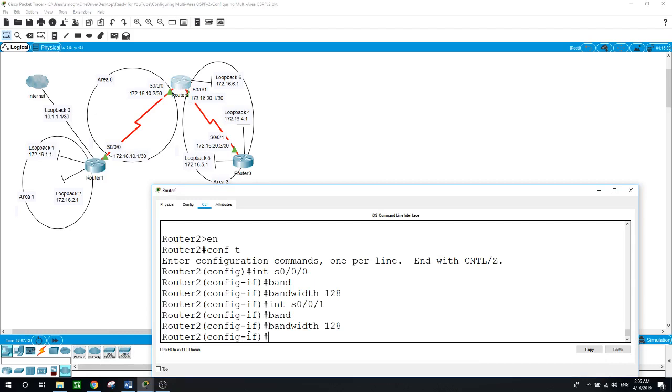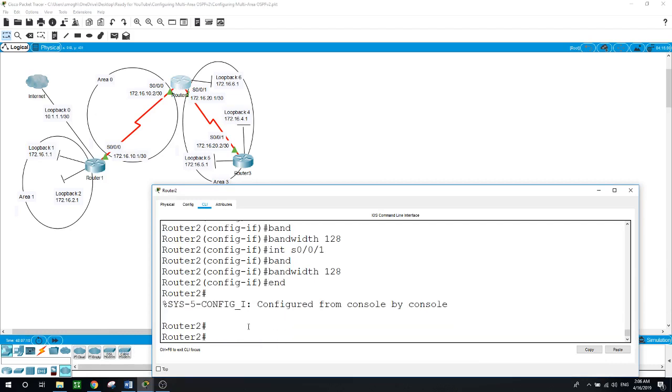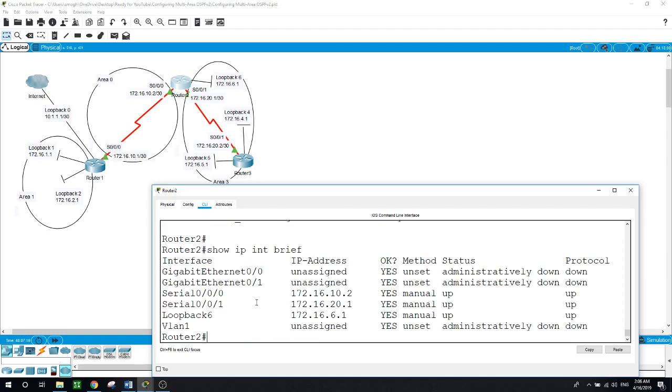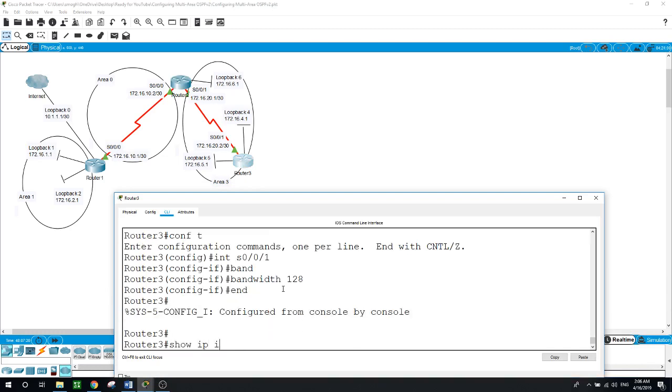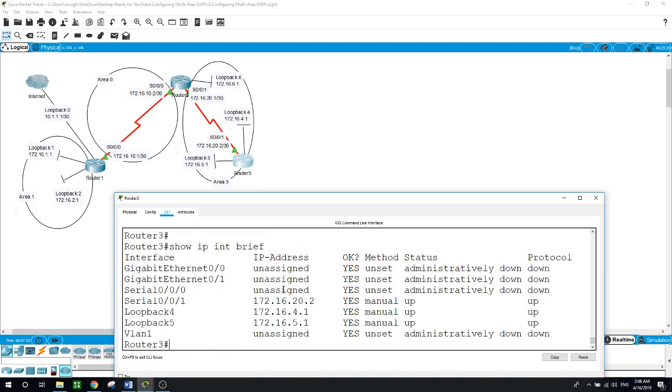Same on router 2, show ip interface brief, everything is okay. Here, the two interfaces and loopback 6, and the same on router 3, show ip interface brief. On router 3, the serial interface is up, and the two loopbacks, 4 and 5.